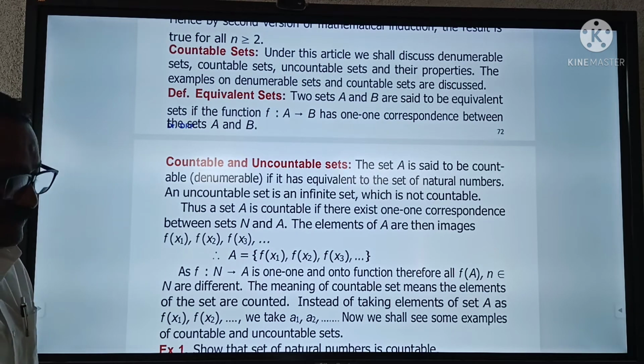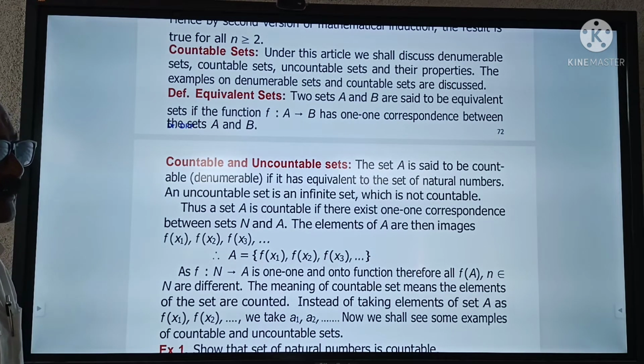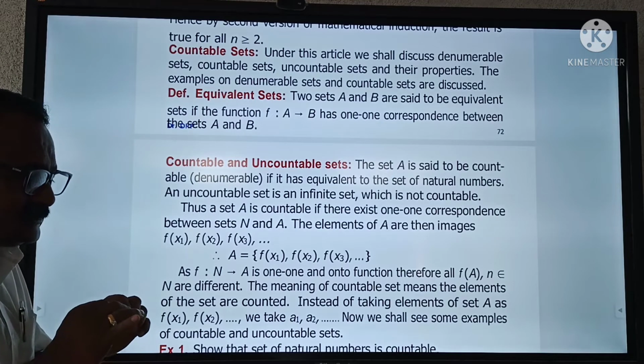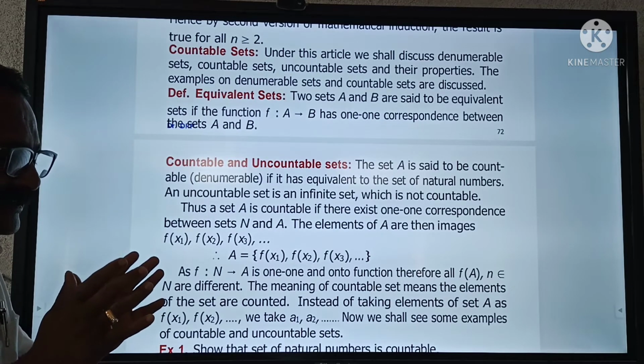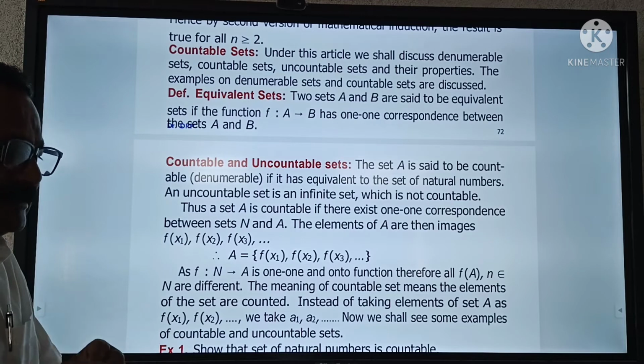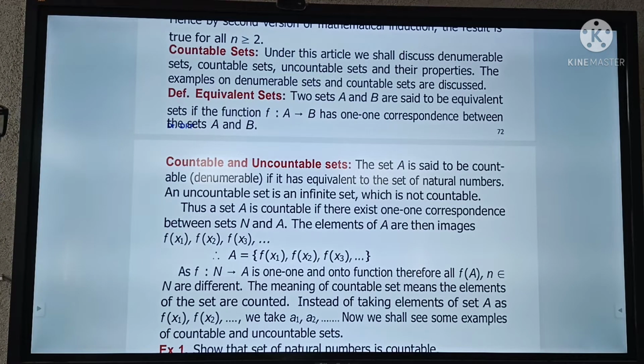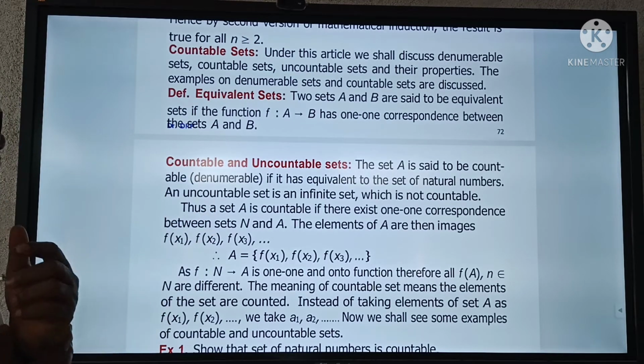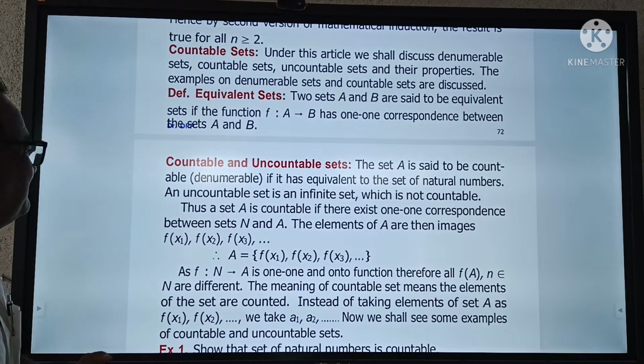Equivalent means not equal. Be clear on these two concepts: equal and equivalent sets. In equivalent sets, the number of elements must be the same, and there is a one-to-one correspondence between the sets A and B.